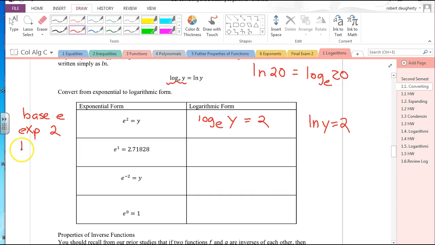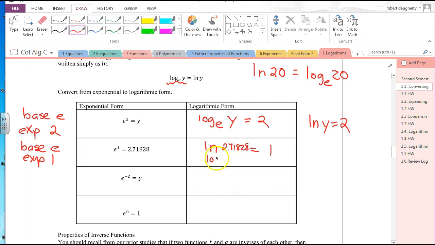What's the base? Yeah, the base is e. What's the exponent? Exponent is 1. Now to write this in log form, I'm going to have the natural log of, so that's log base e. Where does the exponent go? Yeah, it's going to be this. And what's the thing that I have it written as? 2.71828.